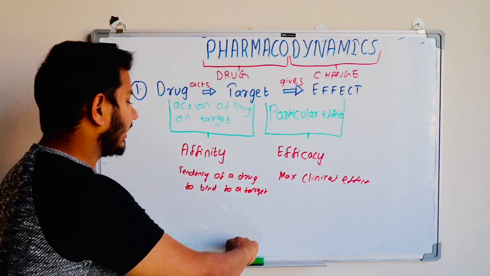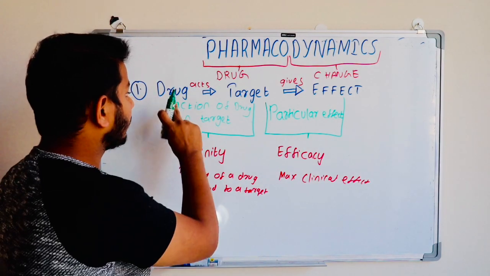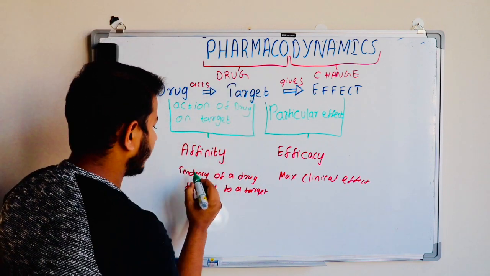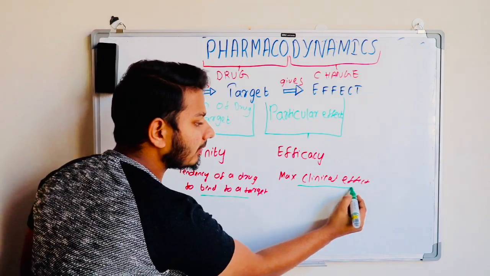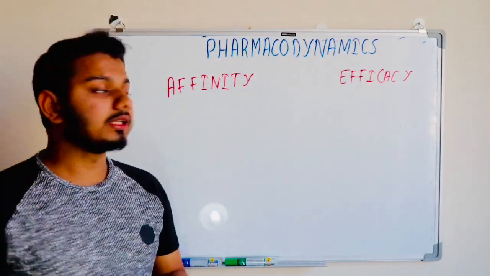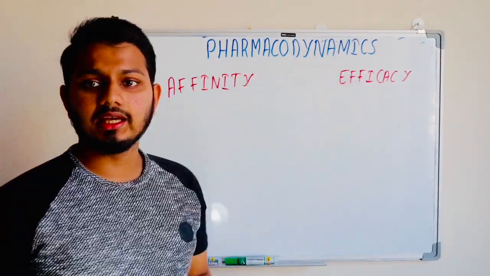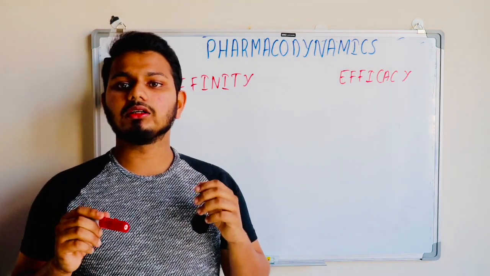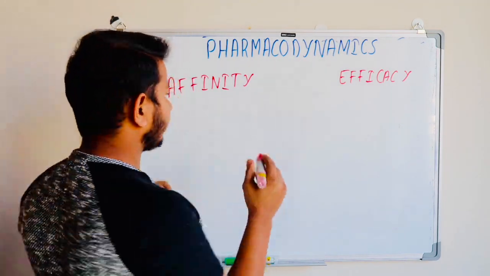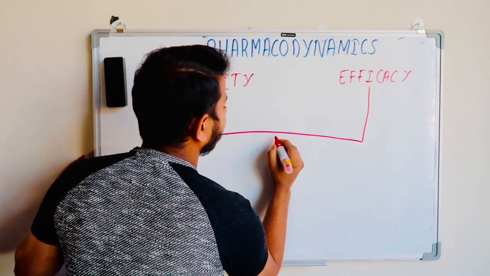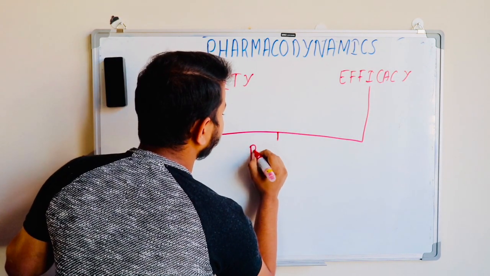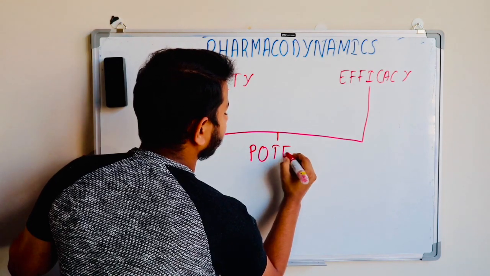So affinity is the tendency of a drug to bind to a target, and efficacy is the maximum clinical effect. So guys, this affinity and efficacy can be measured by a simple term known as potency.